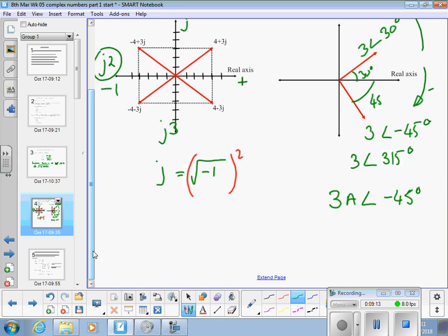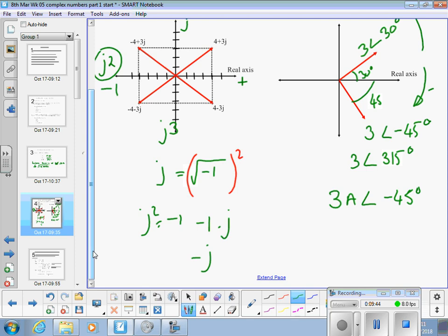Remembering we said that j squared is minus 1, we've got to multiply that by j. It's minus 1 times j, so the result is minus j at the bottom.